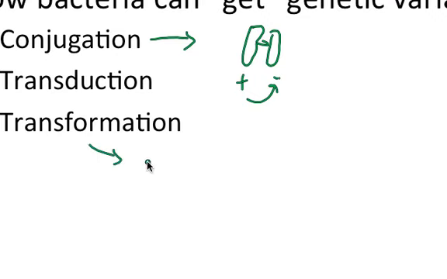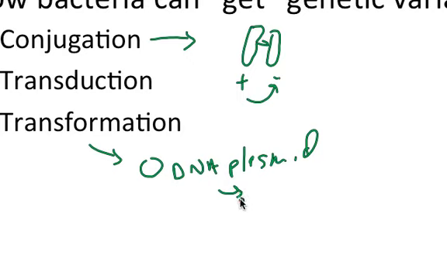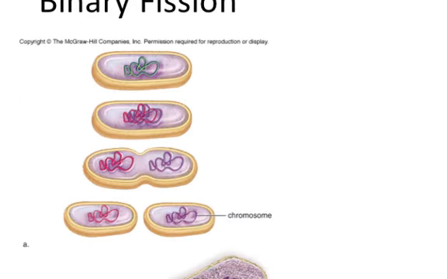Transformation is when small pieces of circular DNA, called plasmids, can often be picked up by the bacteria in the environment. Next semester, you'll actually perform a transformation experiment. Transduction is often when viruses are responsible for providing bacteria with new DNA that the viruses have taken up from other living cells.